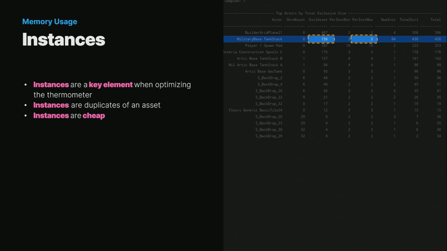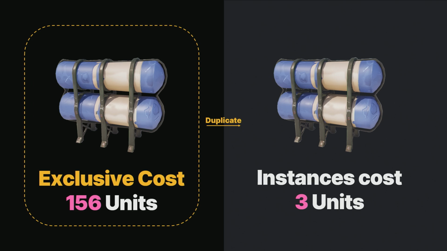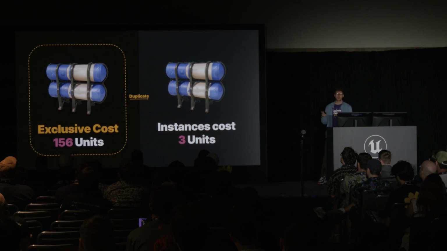Next up, we have instances, and they are absolutely a key element when optimizing a thermometer. Instances are a duplicate of an asset which is already being used in a level. They are amazing for optimization because instances of the same object are very cheap. In this example, this water tank has an exclusive asset cost of 156 units, but an instance cost of 3 units.